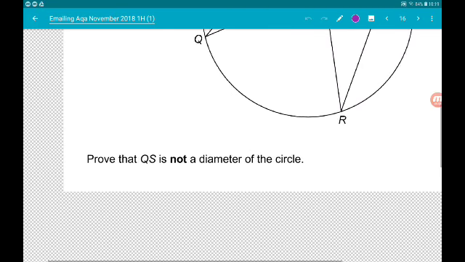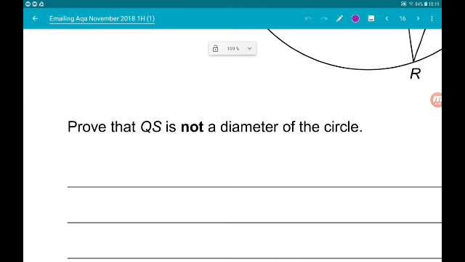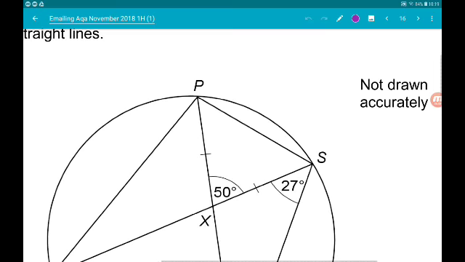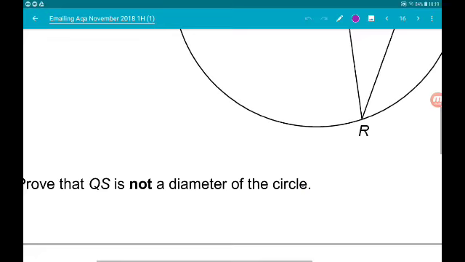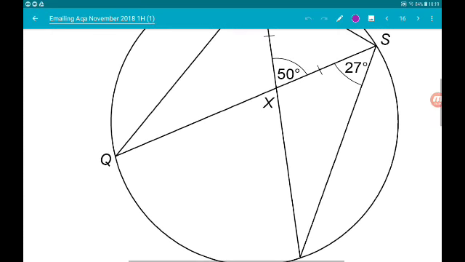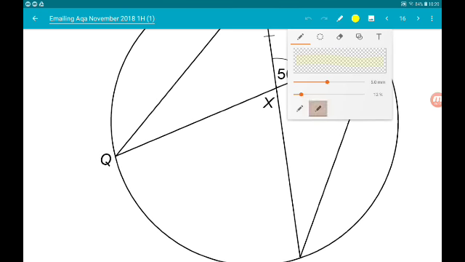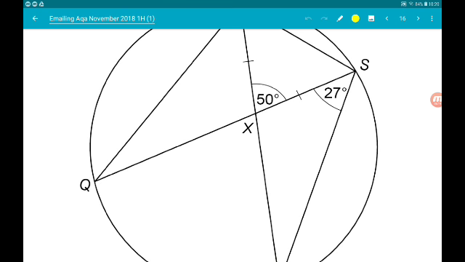Okay, so we want to prove that QS is not a diameter of the circle. Okay, so the line that we want, QS, is this guy here.